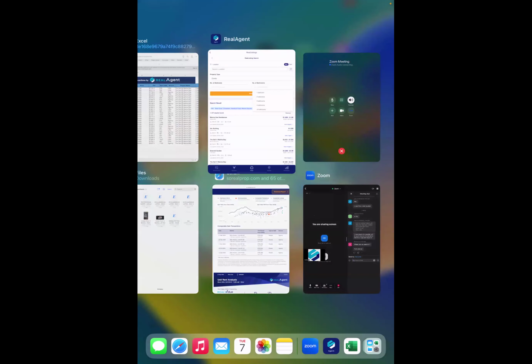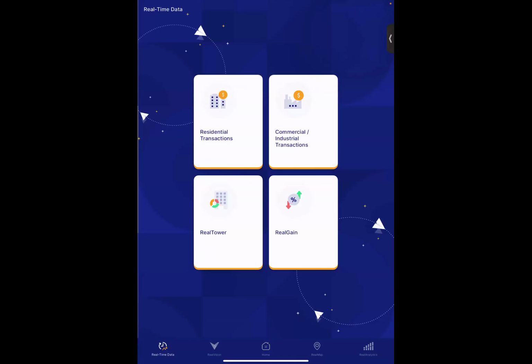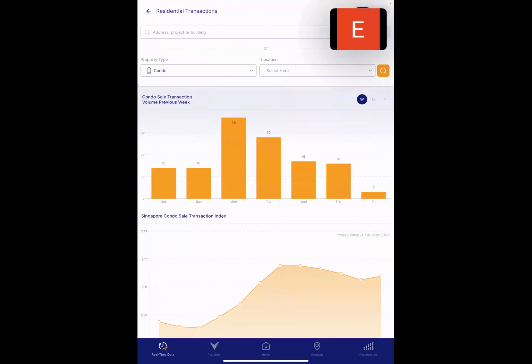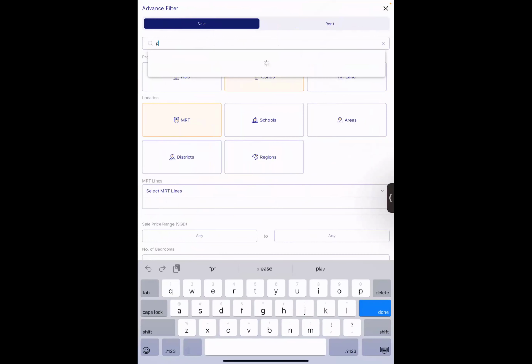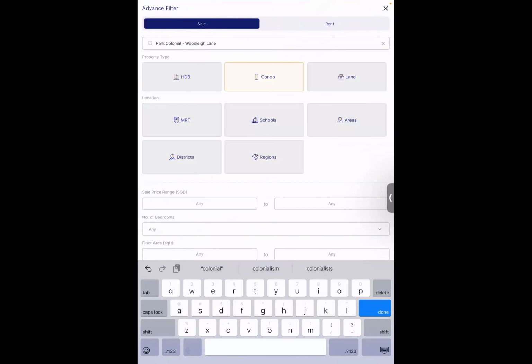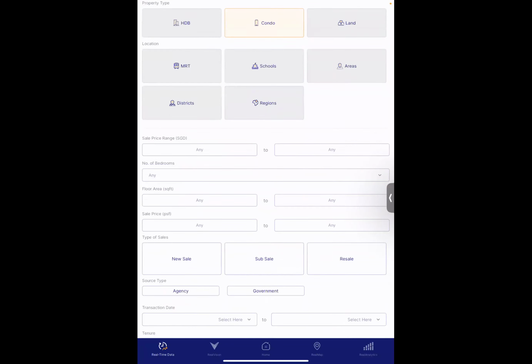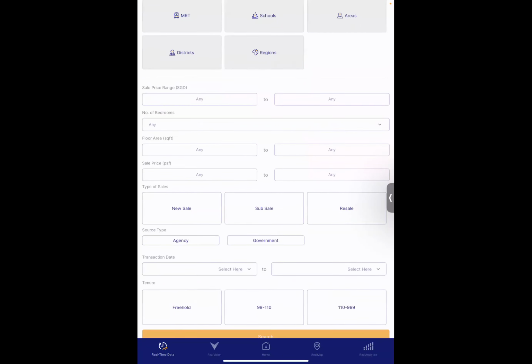Two ways to go about it. First way, residential transactions under advanced filter. Okay, Park Colonial. I want for rent.